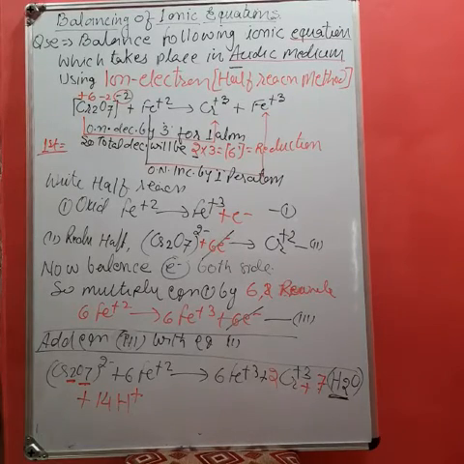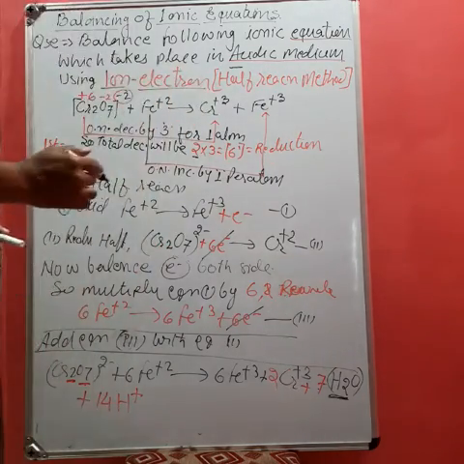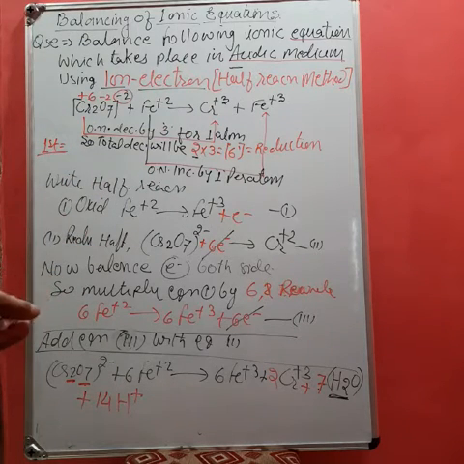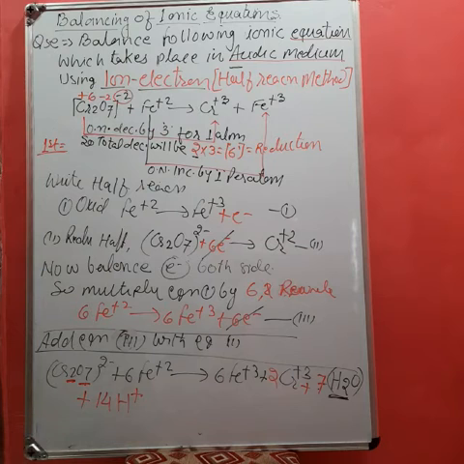Okay, so student, in this way you can balance the ionic equation. Here it is called the ion and electron method. You can check also. How can you check it? You can check it by using the total number of charges. The plus charges are 6 times 2, that is 12, and the minus charge is 2.